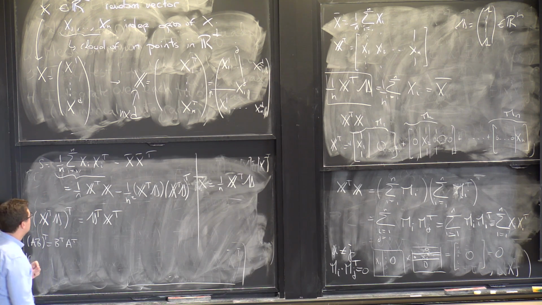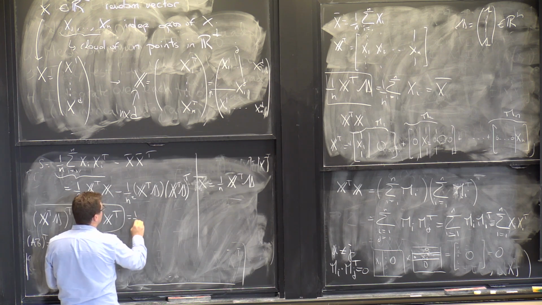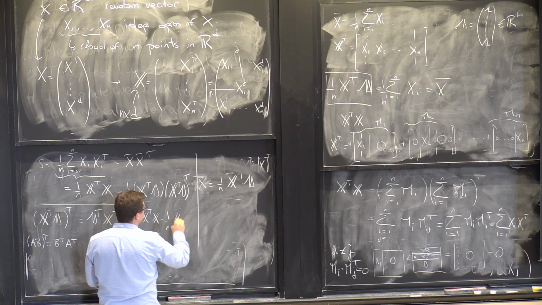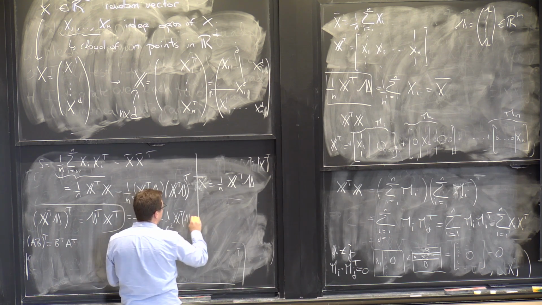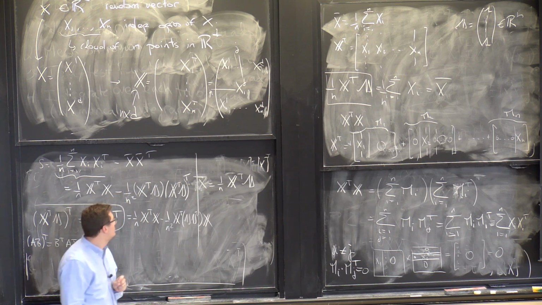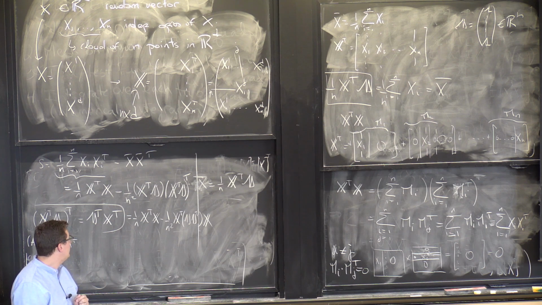And so when I put all these guys together, this is actually equal to 1 over n x transpose x minus 1 over n squared x transpose 1 1 transpose x, because x transpose transpose is x. OK?